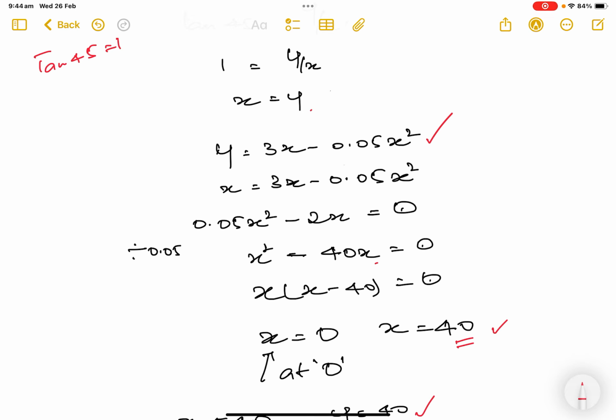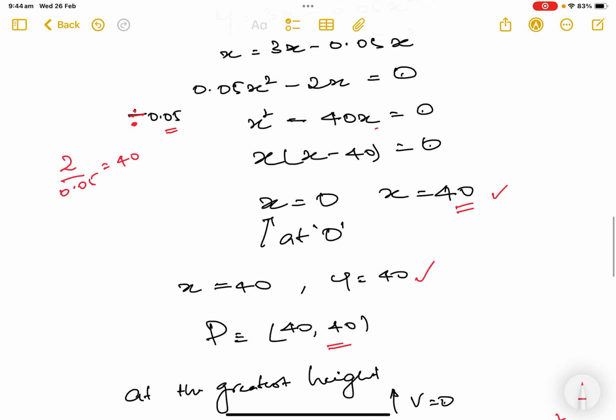If we divide both sides by 0.05, 2 divided by 0.05 is 40. So x squared minus 40x equals 0. If you take x common, x times (x minus 40) equals 0, so x equals 0 and x equals 40.